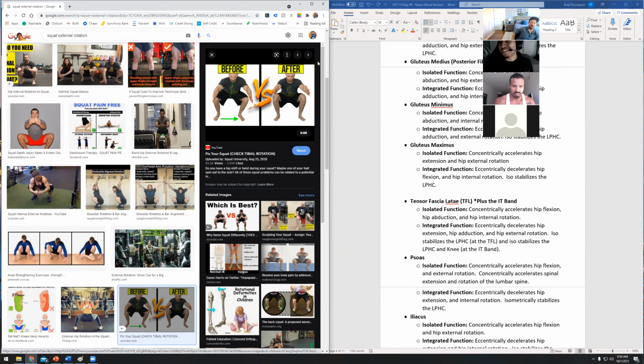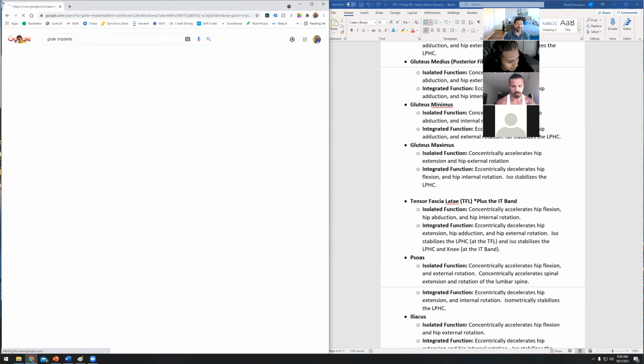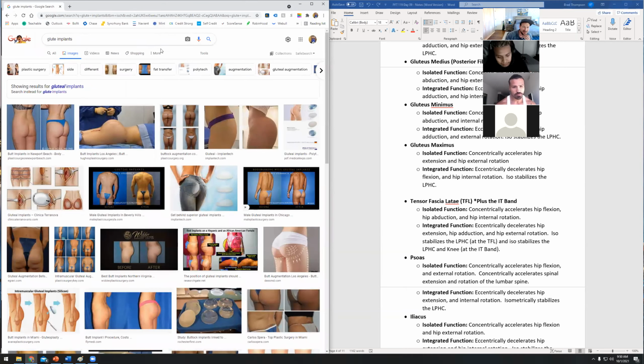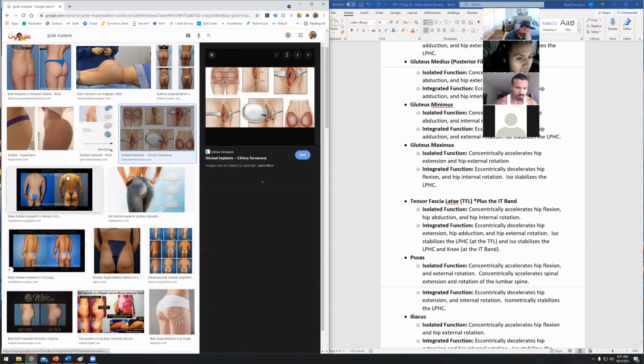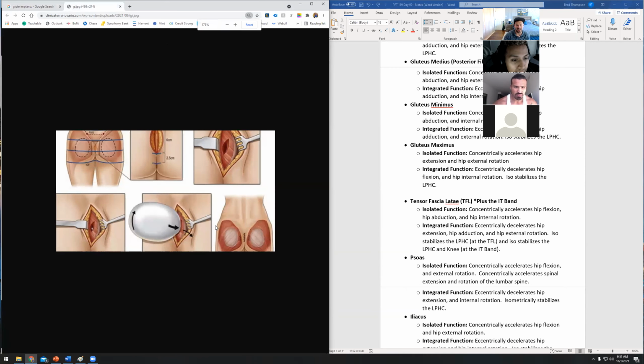First of all, I don't deal with those clients. I know for sure, I have a lot of my dancers who have fake butts and stuff. A lot of times they'll put saline solution in there. And there are different types of implants.